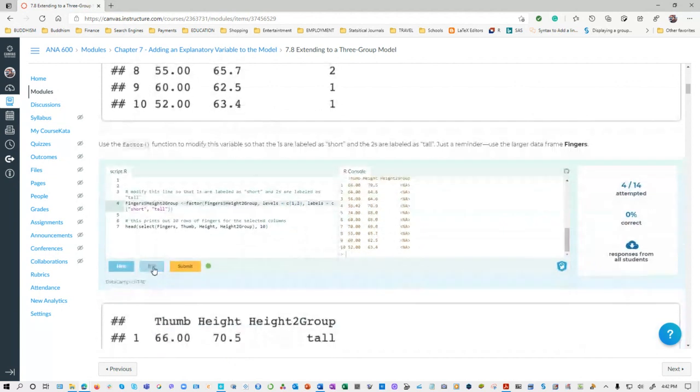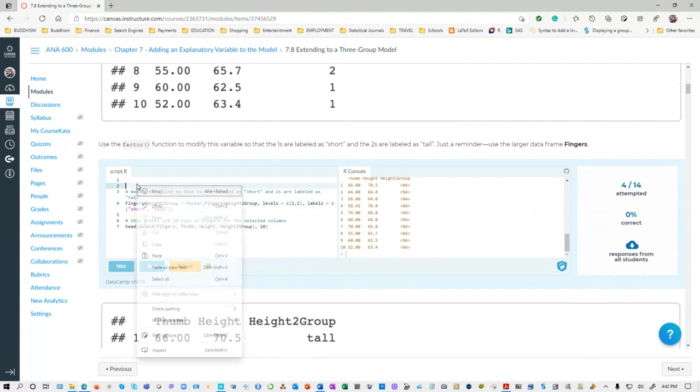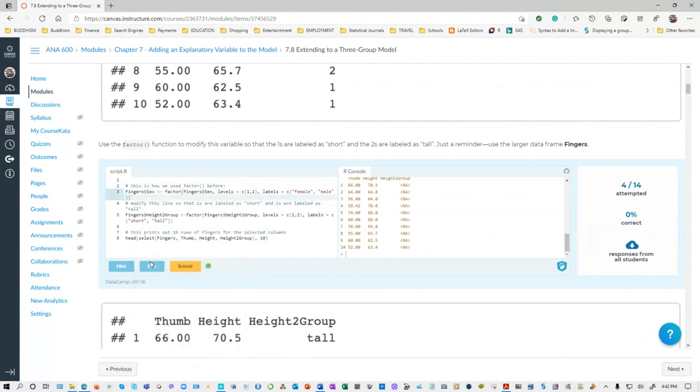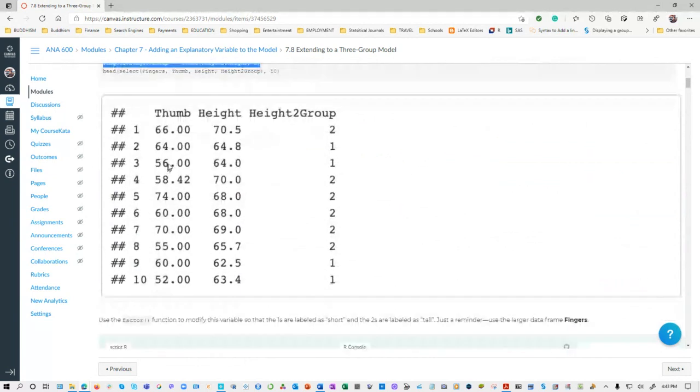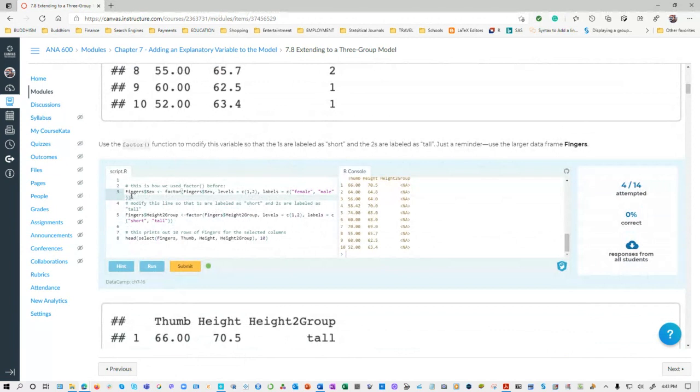Then change that and put it back into the same variable.